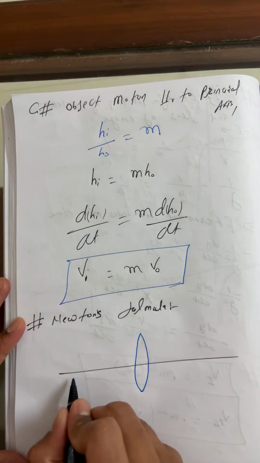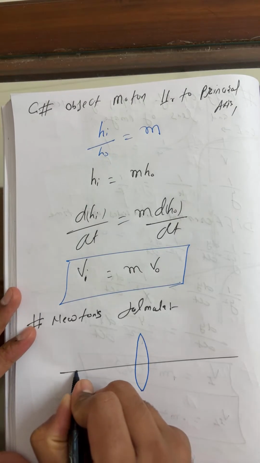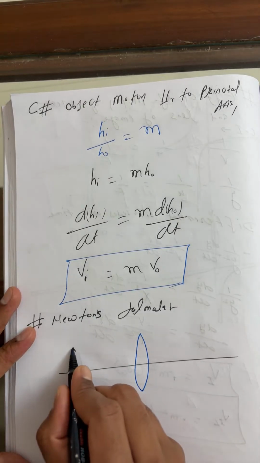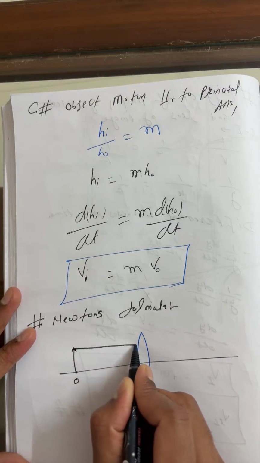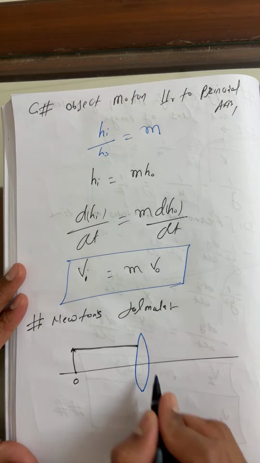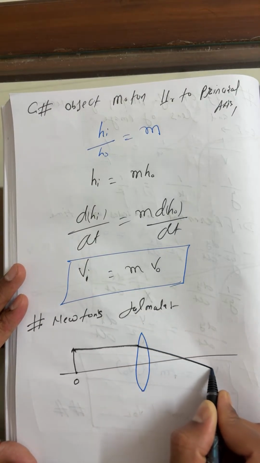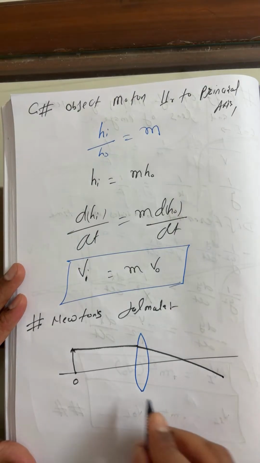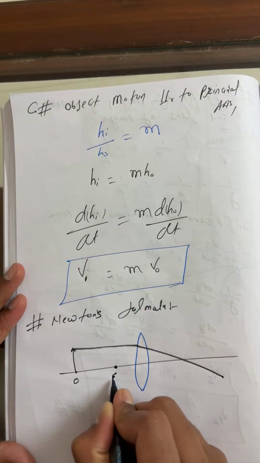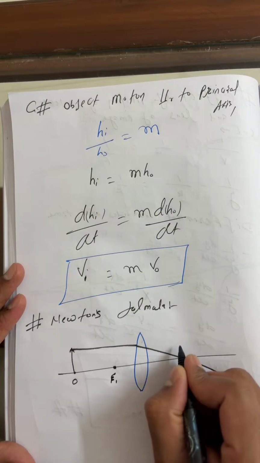Okay, there is an object, it has some height. So students, the first ray is what? Parallel to principal axis. So this ray finally passes through the focus only. I hope all of you remember. This I'm calling F1, and this is F2.